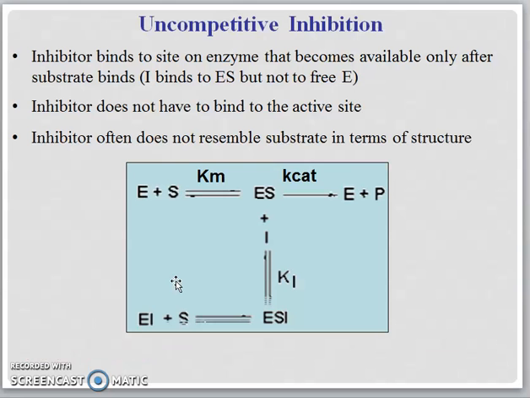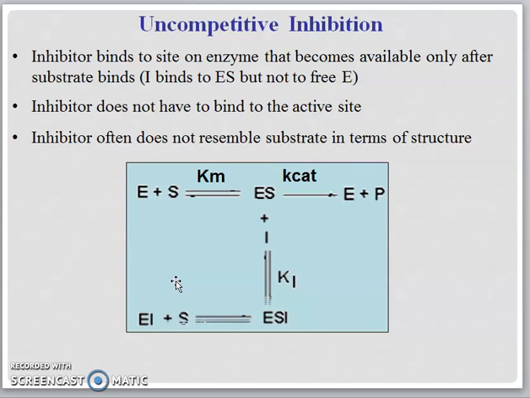Next is the uncompetitive inhibition. For the uncompetitive inhibition, the inhibitor binds to a site on the enzyme that becomes available only after the substrate binds. So here we can see that the inhibitor binds only to the enzyme-substrate complex.